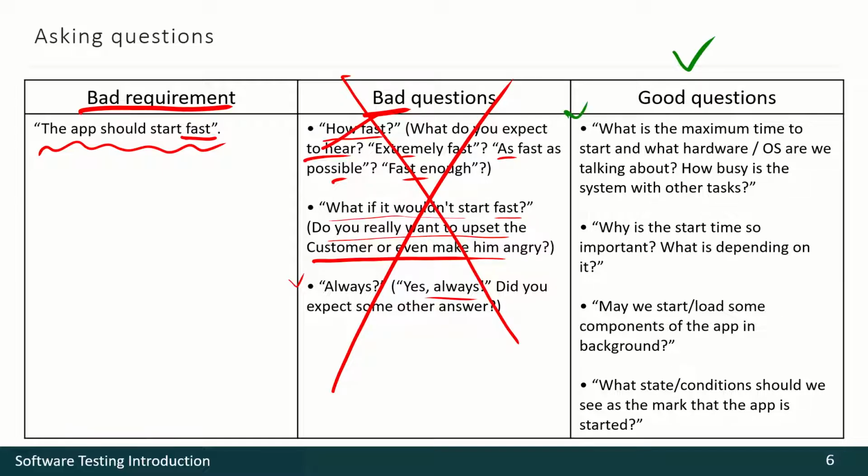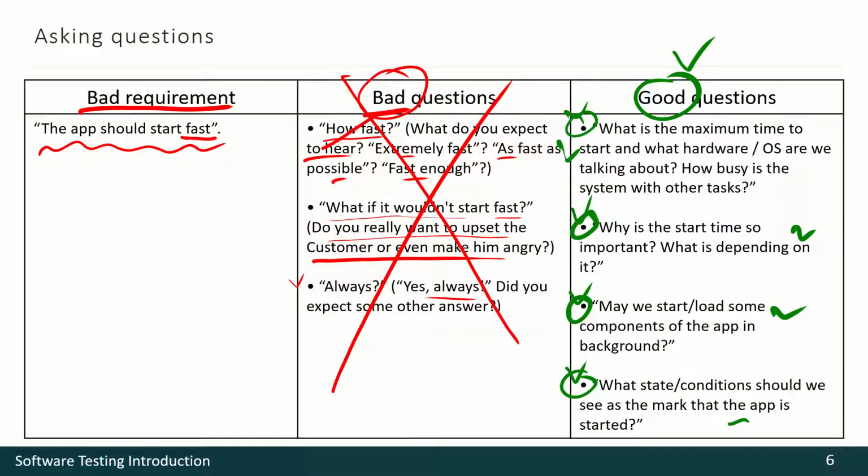But with some experience, you'll learn to ask good questions. What differs a good question from a bad one? Good question always provides us in its answer with some good information. When we get the answer to all these questions, we receive some new useful information, and we may rewrite, reorganize, rework the requirements and make them better.